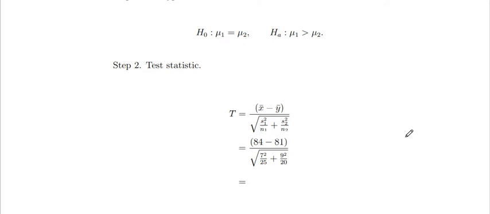We need to do a little bit of calculation. This is easy, but anyway, let me do this. So this equals 49 over 25 plus 81 over 20.